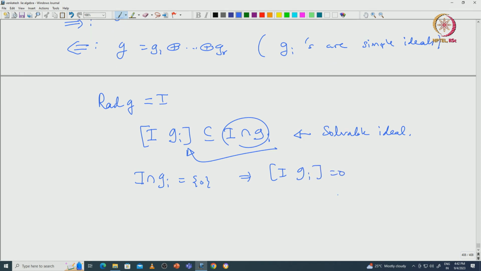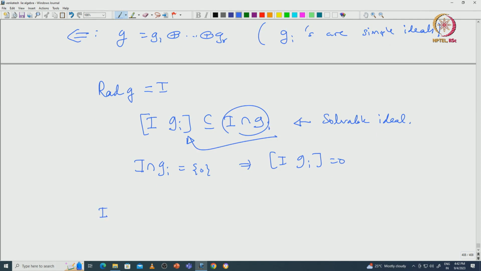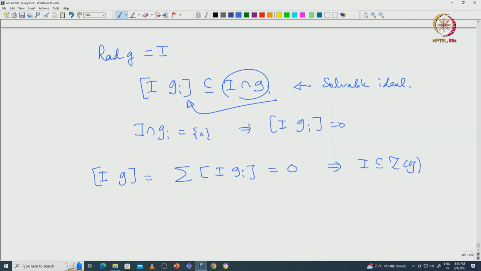Now note that I bracket with G should be equal to the summation of the brackets I with Gi, but each one of them is 0. So, that implies that the bracket I with G is 0, which makes I a subset of the center of G. Now, since G is G1 direct sum etc. direct sum GR, the center of G must be just the sum of the centers Z(G1) direct sum etc. Z(GR).